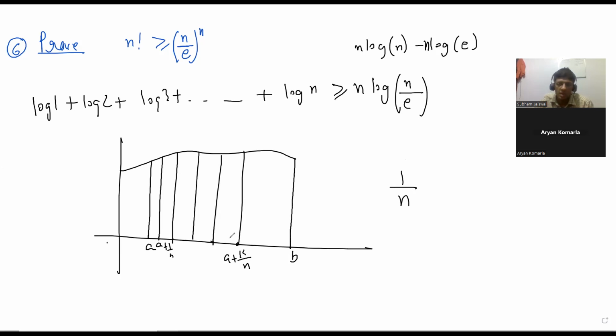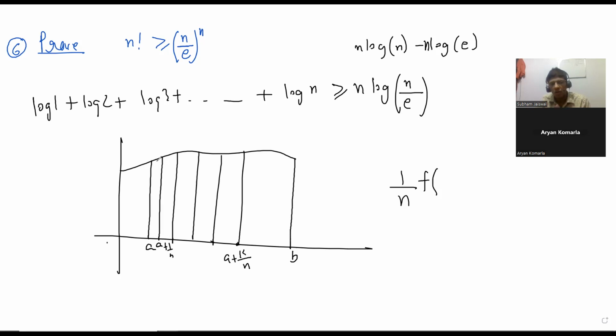So 1 by n is the base length, and the height, let's say you're from a to a plus 1 by n, then what should you take as the height?